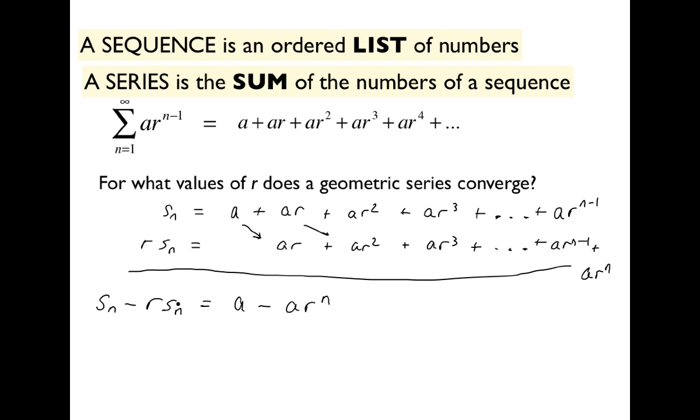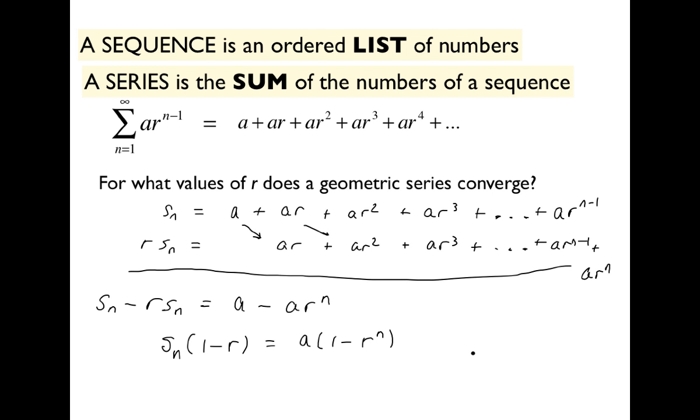And we know whatever the sequence of partial sums does, the series is going to do. So we're going to isolate the Sn, and isolate a here. Nothing's hard about this.